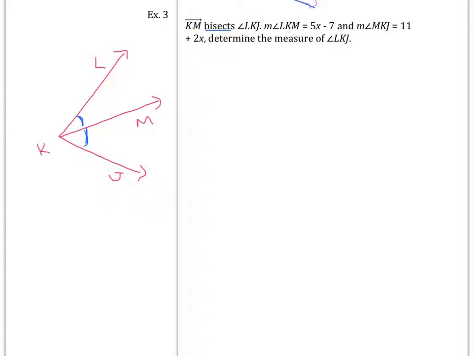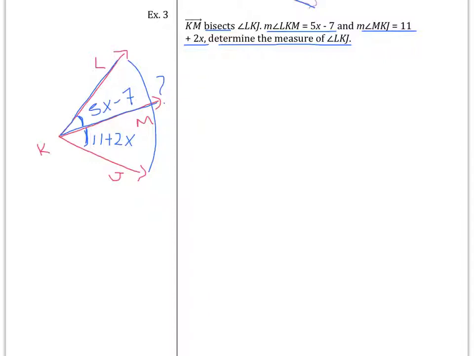LKM is 5x minus 7. And MKJ is 11 plus 2x. They want us to find the measure of angle LKJ, so that's this big angle here.